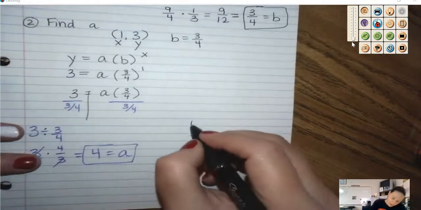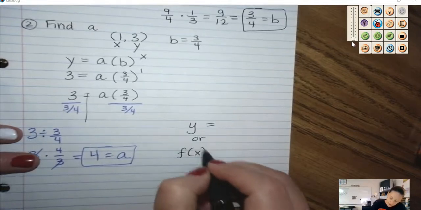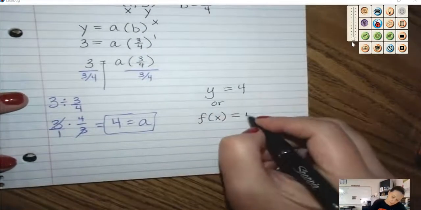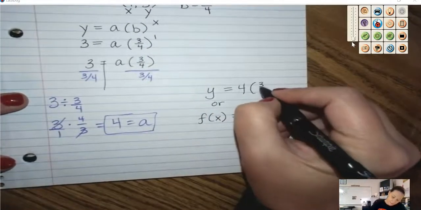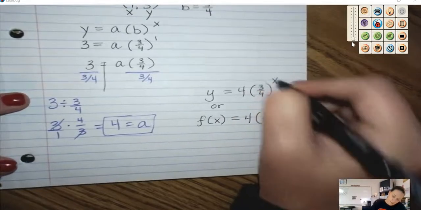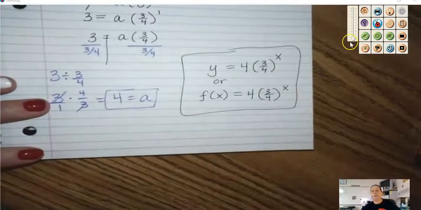You could write it as y equals, or you could write it as f of x. I don't care, either way is good with me. We put the A first, then the B, and then raised to the x power. Either of these are good answers with me.